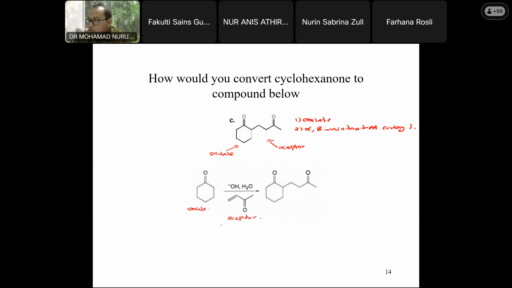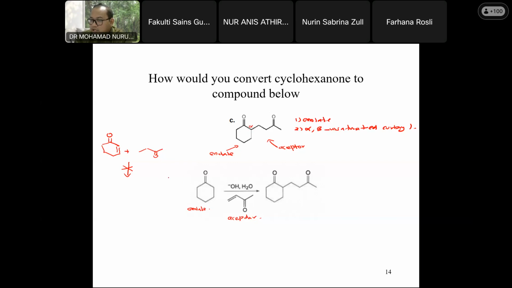Okay, if you want to change, for example, you want this one as an acceptor, and you insist on doing it that way, for example like this, this answer is wrong, because you cannot get this product since the coupling happens at the alpha position.